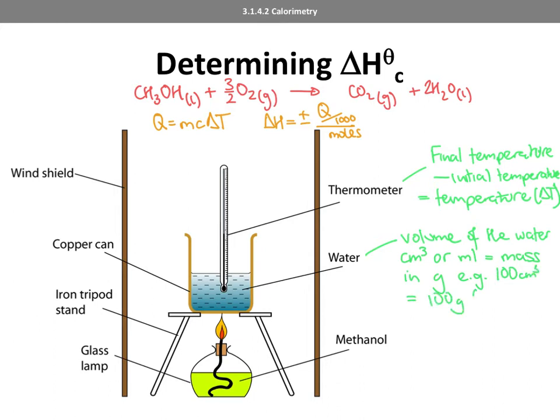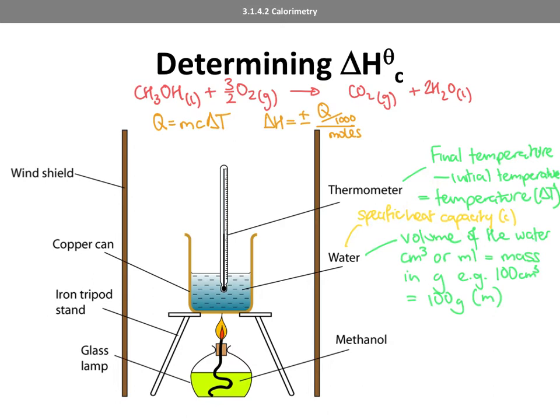So that's given us the mass. It also would give us the specific heat capacity, and that's because the substance that's actually changing temperature is the water. So now we've got m, c and delta T for the Q equals mc delta T. So the thermometer and the water are giving us the data that we need for that first equation.